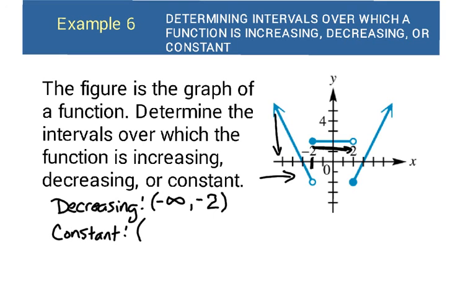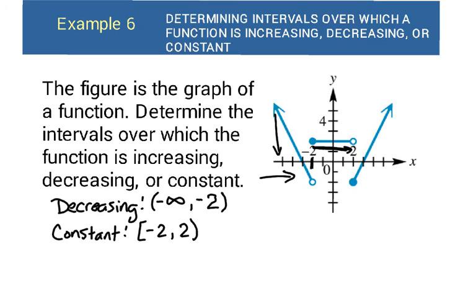So from -2, which is included because of the closed circle, and then the open circle on the other side of the constant part means we put a parentheses.